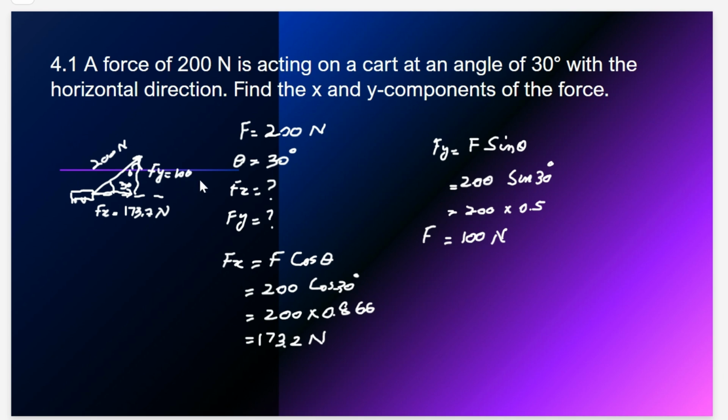It means that the x component of this 200 Newton force, that is the component which is pulling this cart towards the horizontal, is this 173.2 Newton, and the component which is trying to pick the cart upward is this 100 Newton.